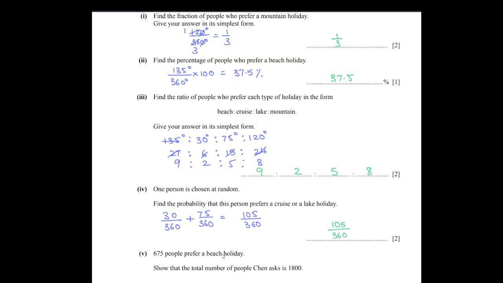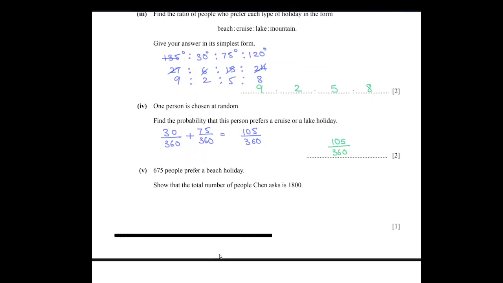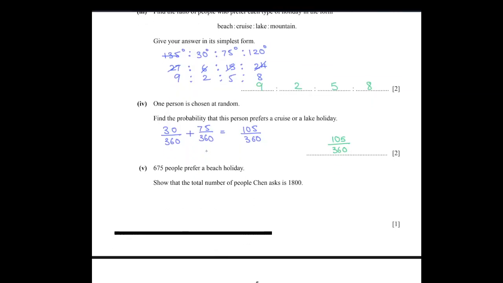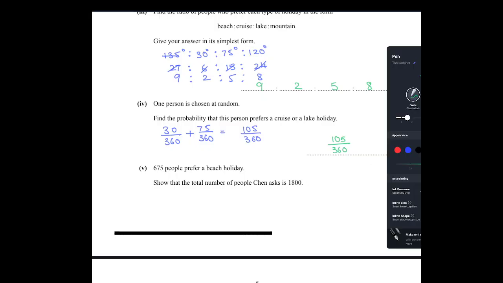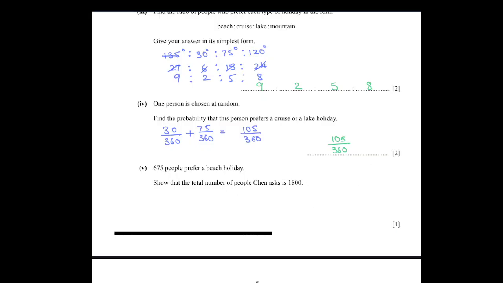Question number 5. 675 people prefer a beach holiday. Show that the total number of people Chen asks is 1800. So now here the person is asking the total number of people, which is 1800, and we need to show it. So let the total number of people be x.